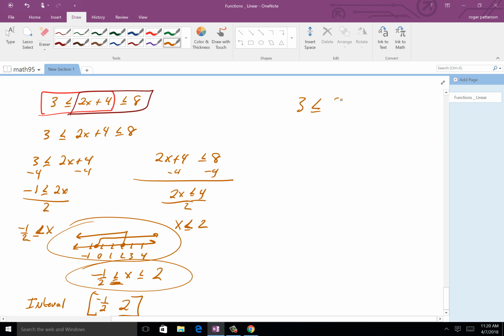So I get -1/2, x, and 2. So you don't have to break it up. Whatever is easiest for you is what I want you to do, however you understand it. You can just work it out in that form. So that's an example of an AND. We call that an AND problem because it has to satisfy both conditions.